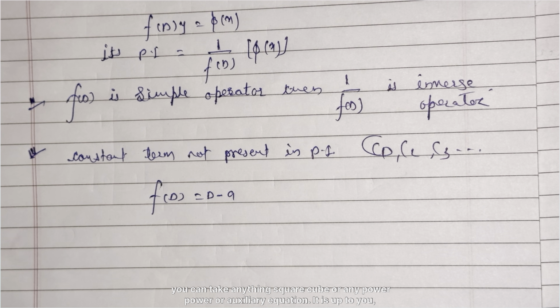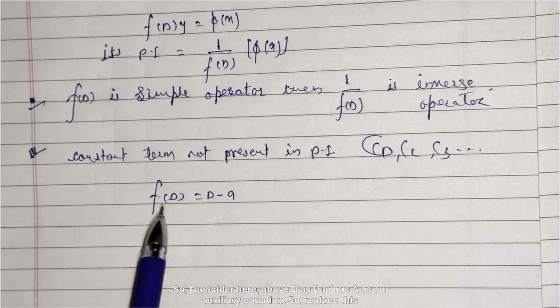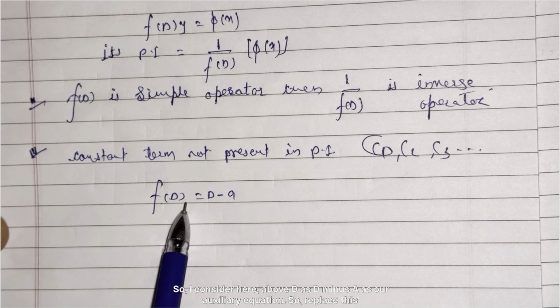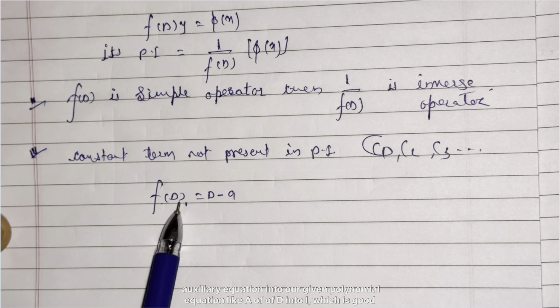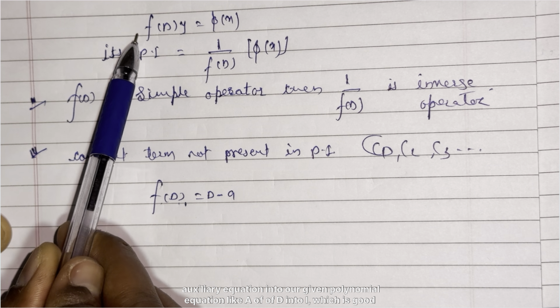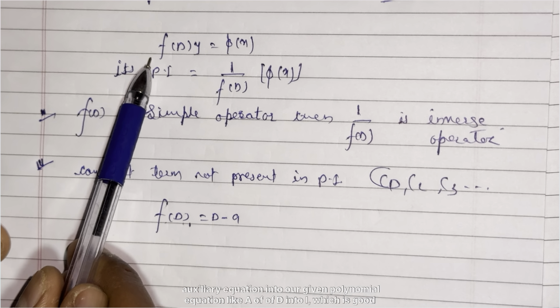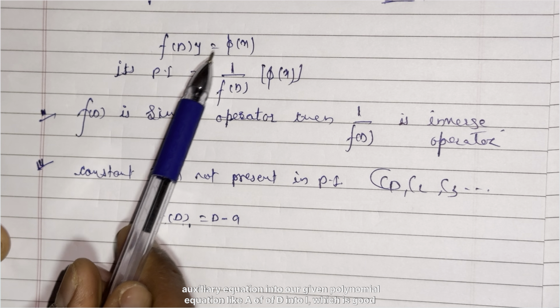Instead of that, you can take a square, cube, or any power. While examples are coming, we are going to consider higher powered equations. So I consider f(D) as D minus a as our auxiliary equation. Replace this into our given equation, f(D)y equal to 5x.